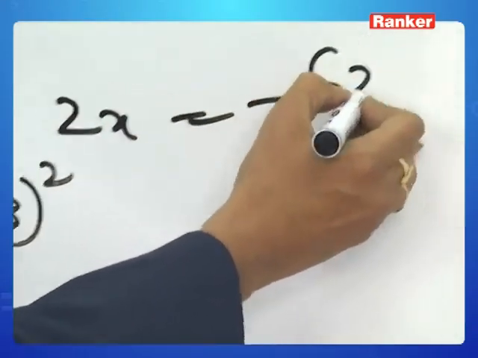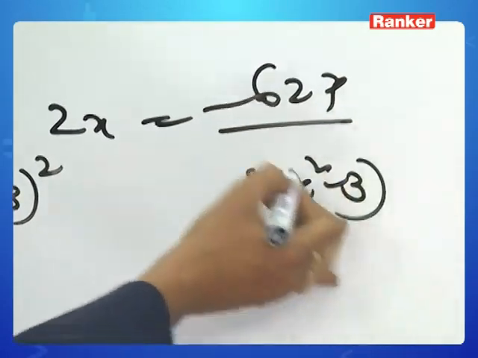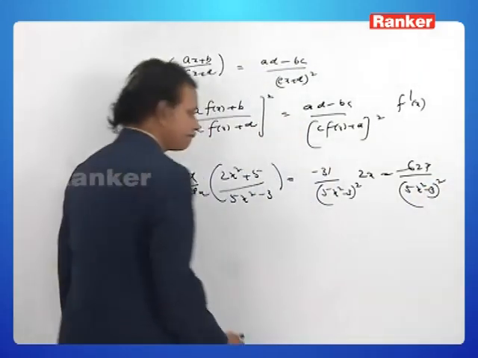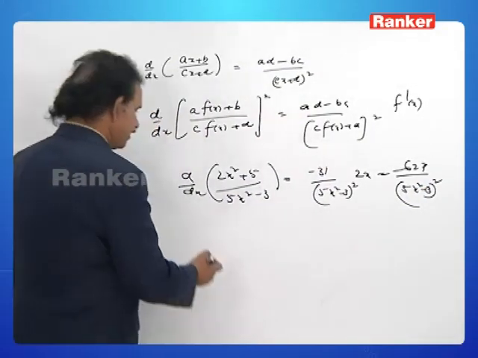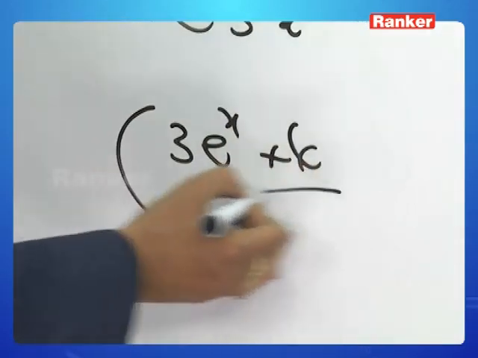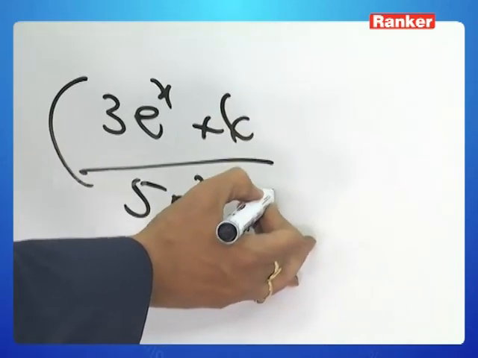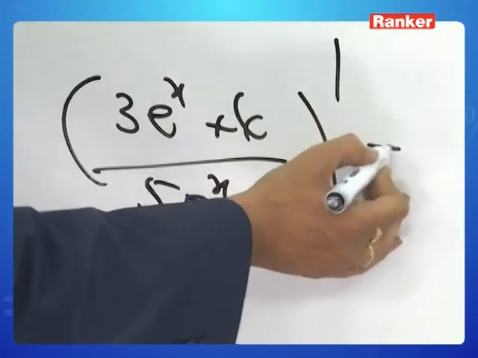Altogether it is minus 62x by that. One more application, (3 into e power x plus 4) by (5 into e power x plus 2) dash, that is its derivative.